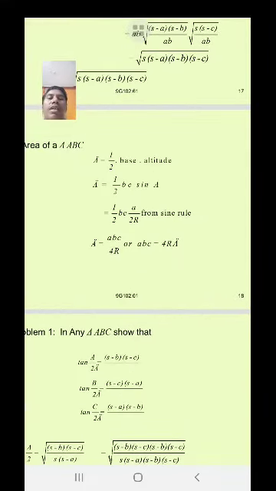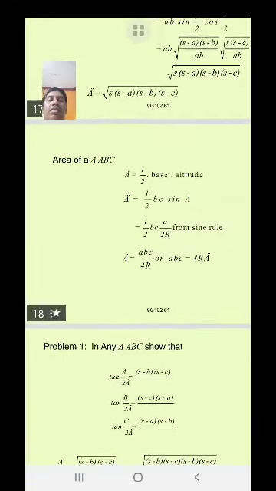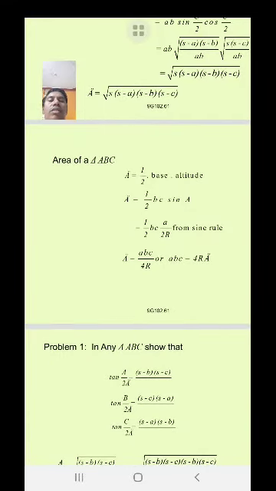Next, area of triangle ABC. Half into base into altitude means height, half into b into c into sine A, and half into bc into sine A can be expressed as a by 2R.